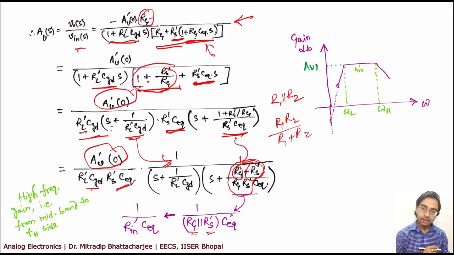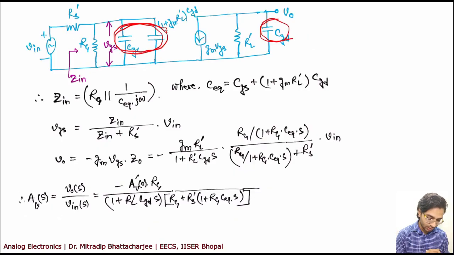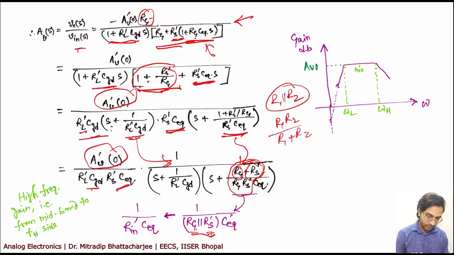So we just replace the same parallel combination over here, and this you can consider Rin', because Rg and Rs' both are on the input side, right? So you can replace this as Rin'.